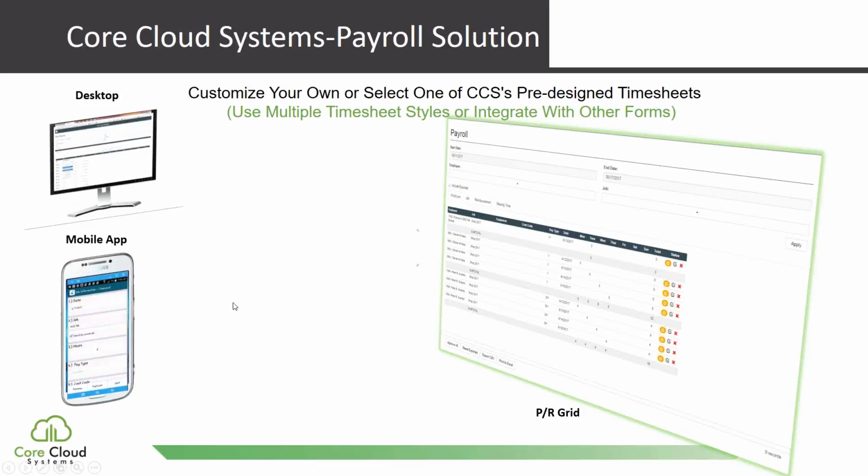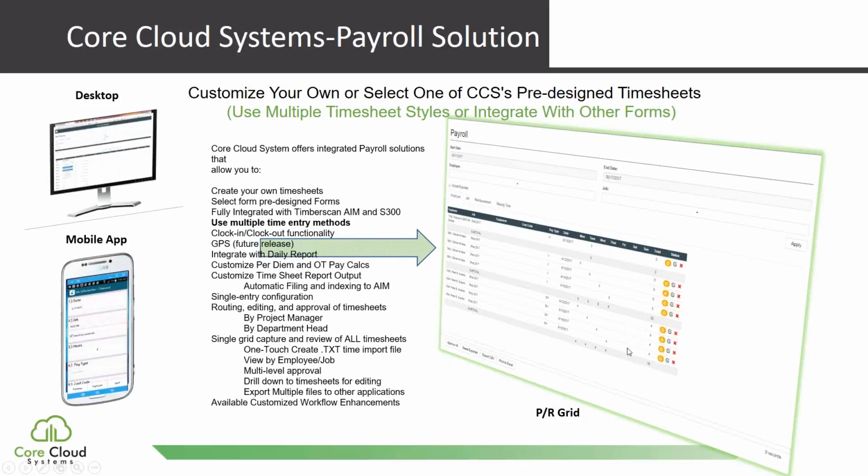And those timesheets can be generated and routed and either approved in the timesheet format here, or they could come into a grid sorted by supervisor or by project manager, where they would only approve the time they're responsible for. But at the same time, that same grid feature is what payroll looks at, because I've sat behind the desk and I've had to process payroll for thousands of people.